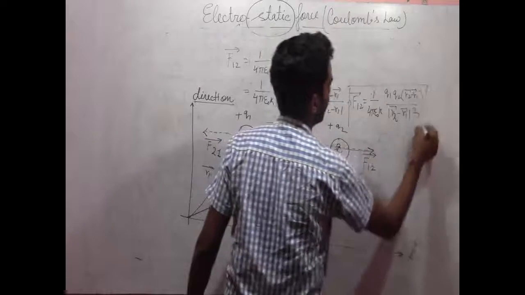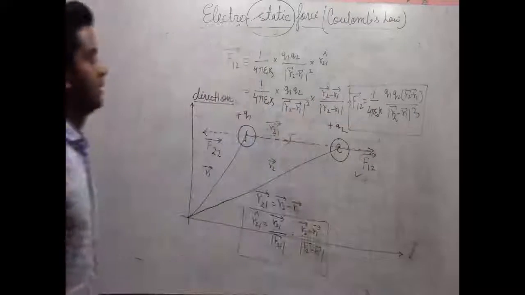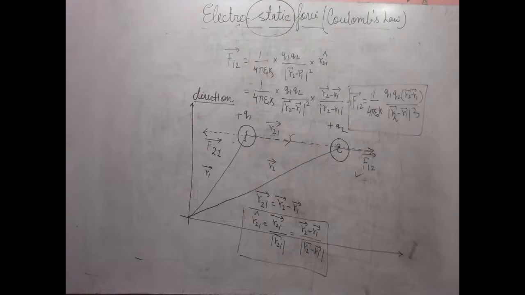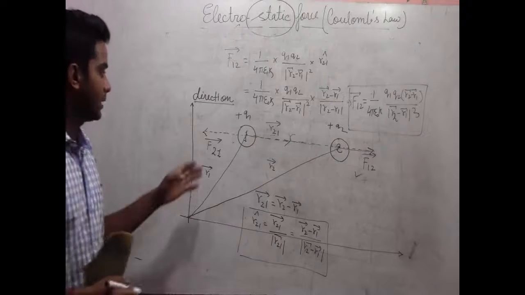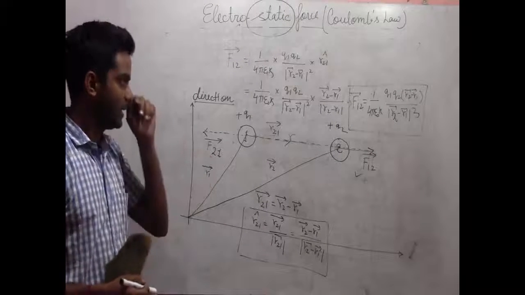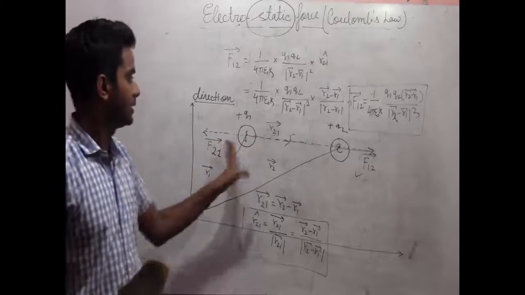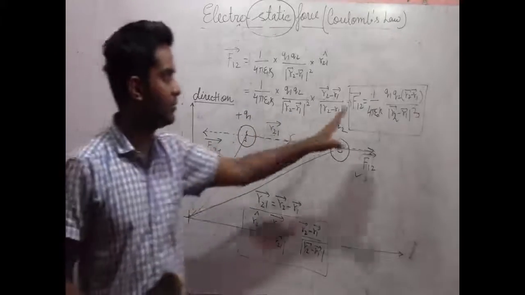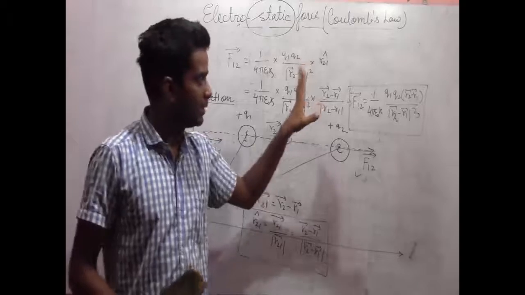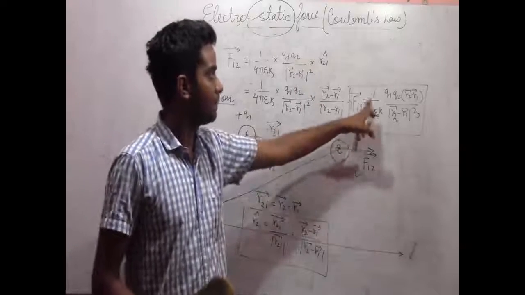This is the vector form of electrostatic force. If anyone asks you what is the vector F21, you will know it very well. This is the opposite vector, so you will simply write a negative sign here.